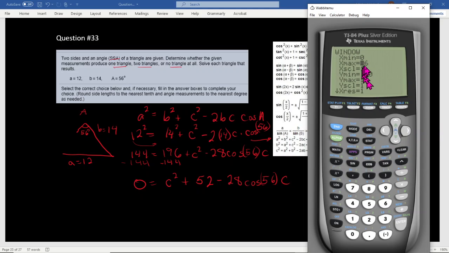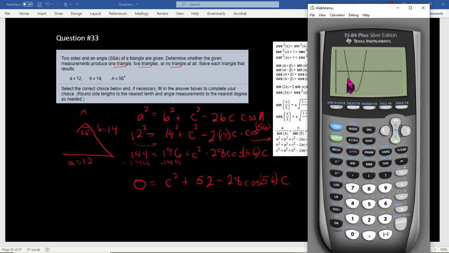So anyway, I go to 26. Y, what does y give us? Because x is c. We're looking for where it equals 0, so it doesn't matter so much about y as long as we can see when y is 0. I went from negative 10 to 10. It just seemed to work.